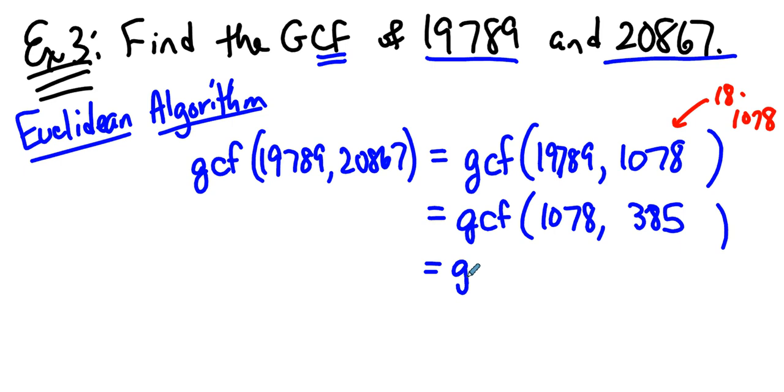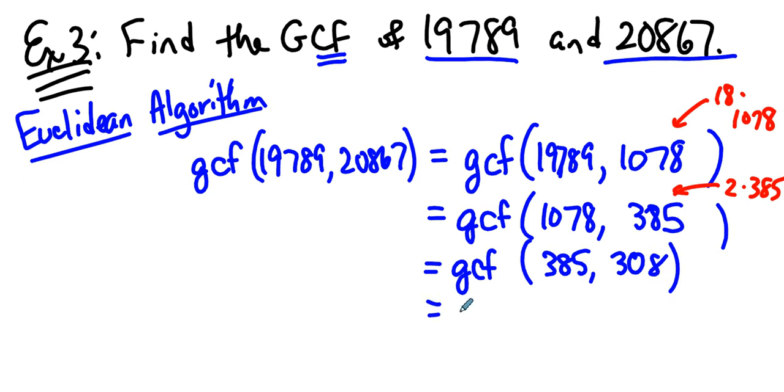Then you can play the game again. The greatest common factor of these two numbers is the greatest common factor of either of those two numbers and their difference. So we can take out two factors of 385. We can take out two 385s from this number and we get an even smaller number.